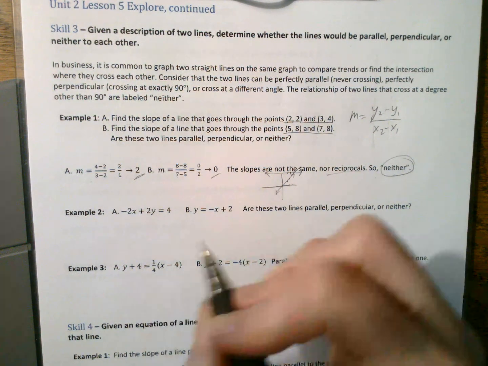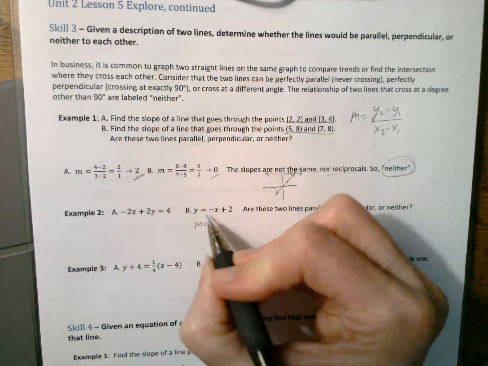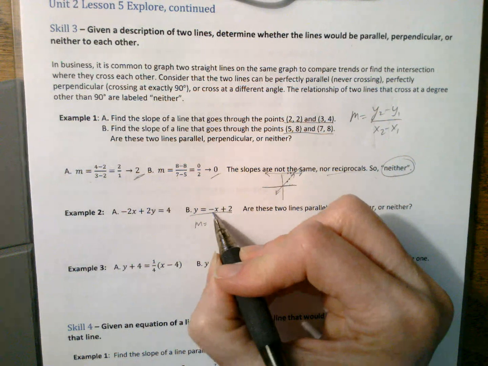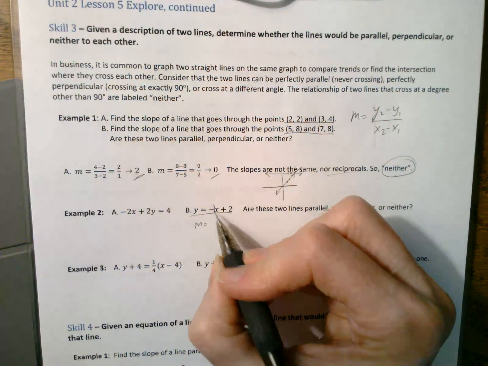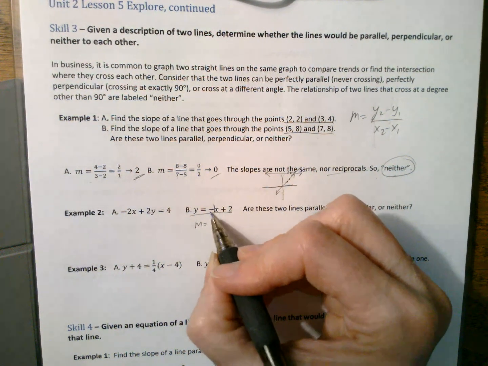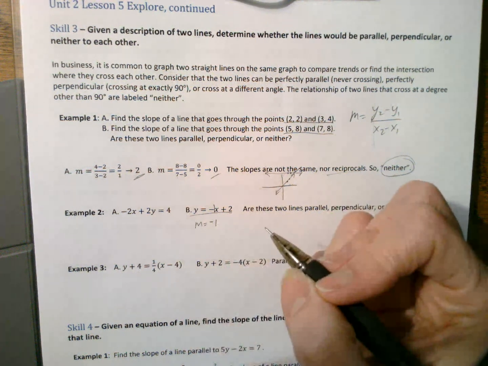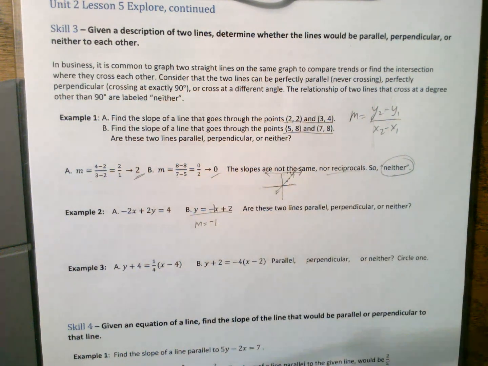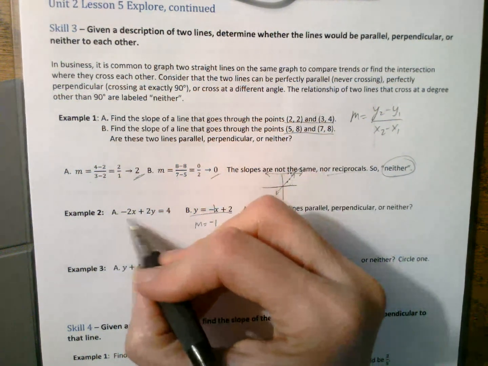So we have to find the slope first. In this category, you have to recognize this is in slope-intercept form. The numerical coefficient is the one in front of the x, which is a -1. If it's just a negative, it's a 1. If it's just an x, it's a 1. So 1s are in front. This one I have no idea.